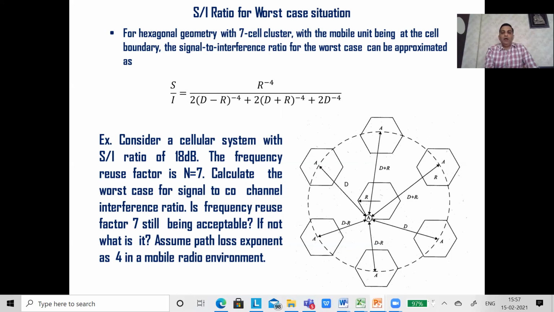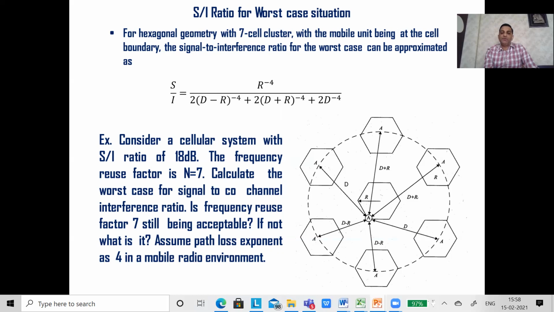So here, the example given was asked in previous exams many times. It's a very important example. Please note this example. The statement of the example is: consider a cellular system with S by I ratio of 18 dB.